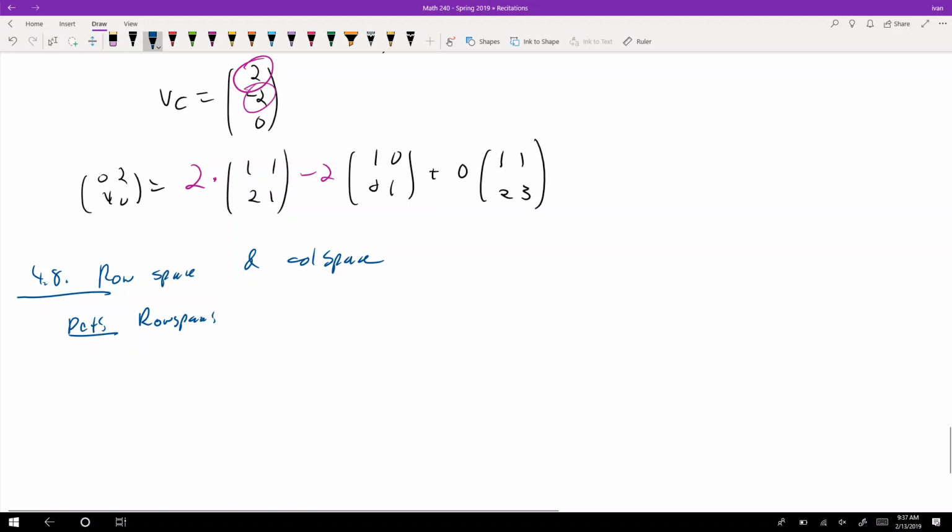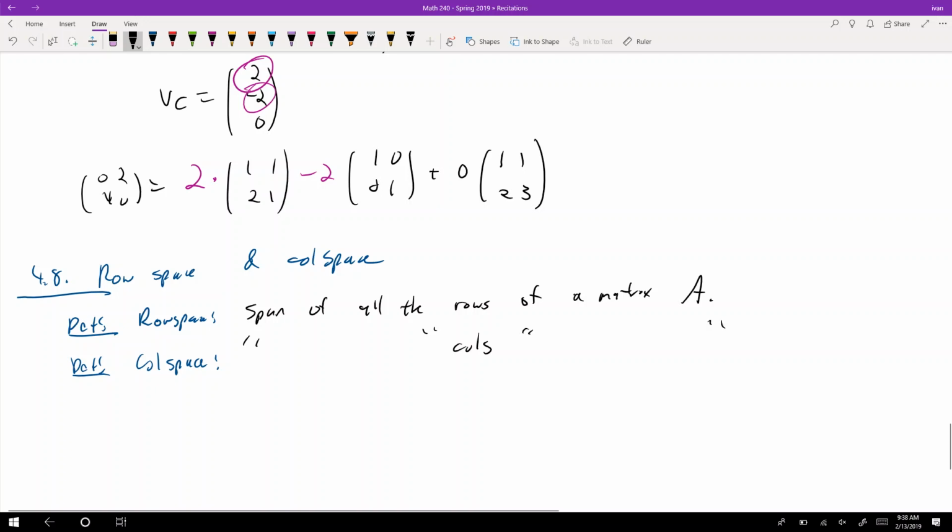The definition of row space is the following: the span of all the rows of a matrix A. And column space is exactly what you think it is: the span of all the columns of a matrix A. For row space, we usually denote this R(A) or row space A, and then column space C(A) or col space A.